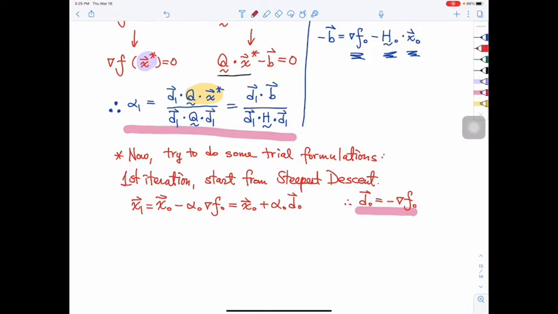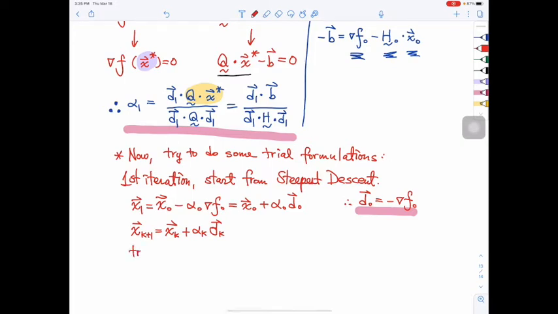And as the iteration continues, you will have some k iteration, and at the moment you have your design point at the k iteration xk plus alpha k, and actually here we can directly use this d notation, plus alpha k dk. We want to try to define dk.